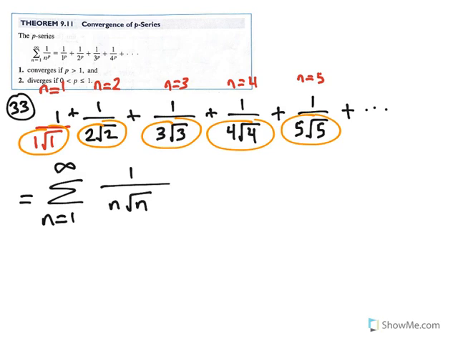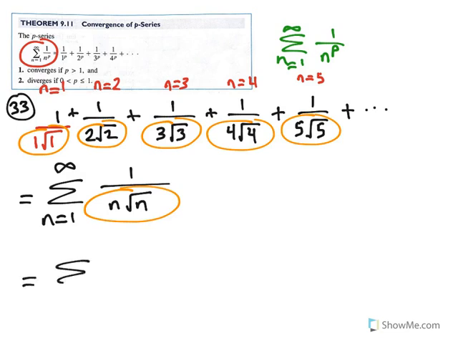So the question then becomes, is this a P series? So you've got to compare it to what the form of a P series is, which is, again, as we have here, from n is equal to 1 to infinity of 1 over n to the p. It's almost in that form, but you do have to do some algebraic manipulation. So you're going to go ahead and write this as from n is equal to 1 to infinity of 1 over n times the square root of n.